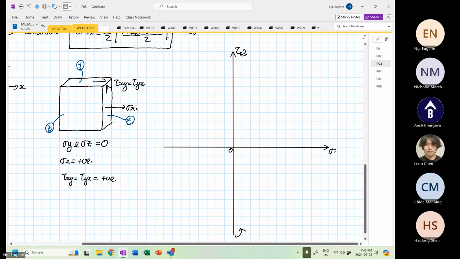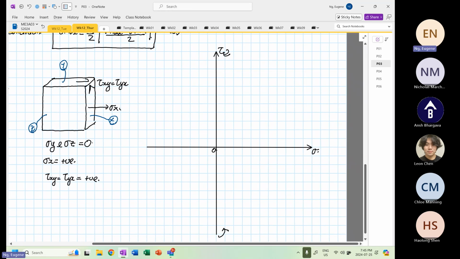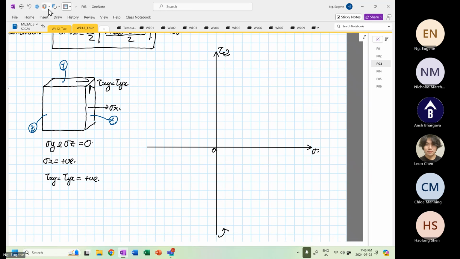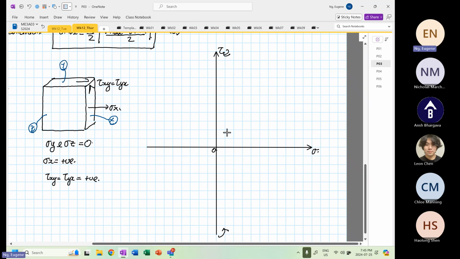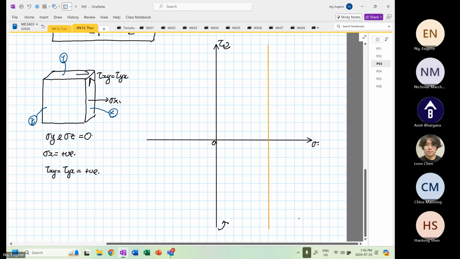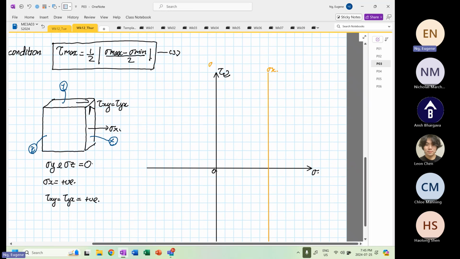So for this case, this is our normal stress in the x direction. And we know that stress y and stress z now are on the same line.